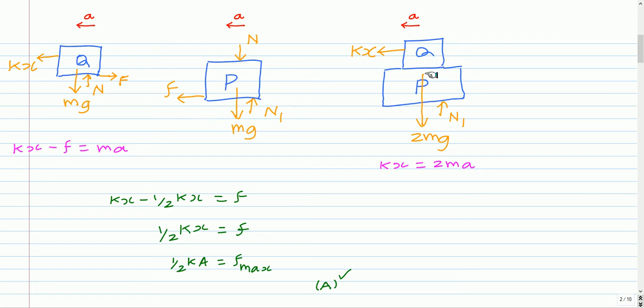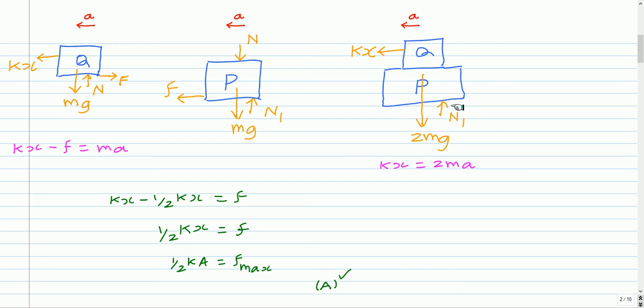We can consider blocks P and Q as one single system. The forces acting on this system are the weight 2mg, since each block has mass m, a normal reaction N1 between block P and the horizontal surface, and the spring pulling the system towards the left by a force kx.